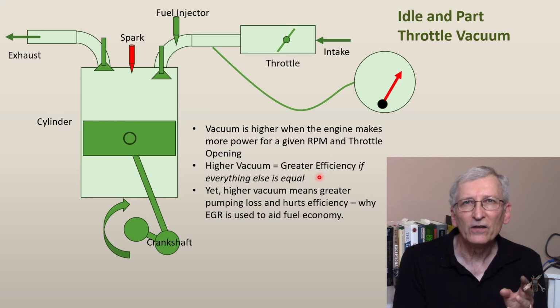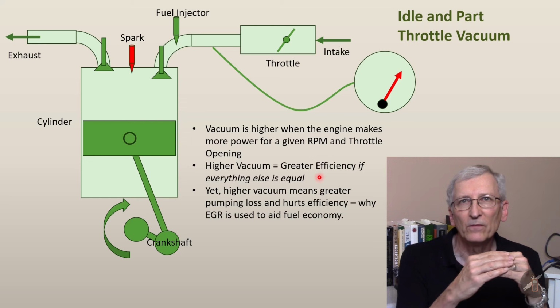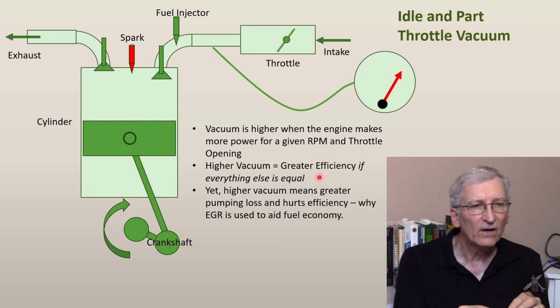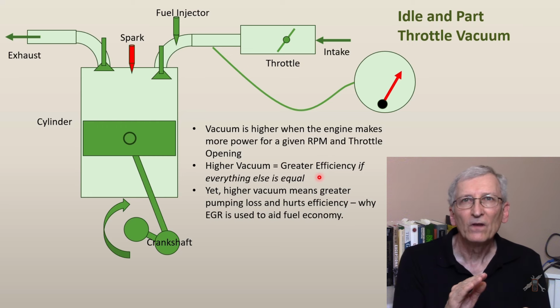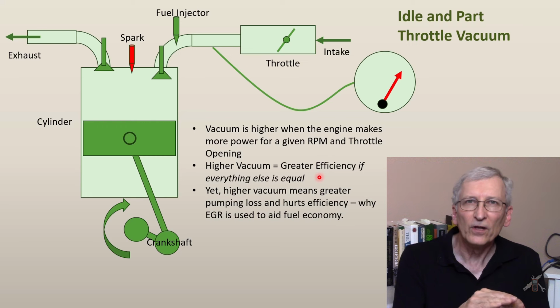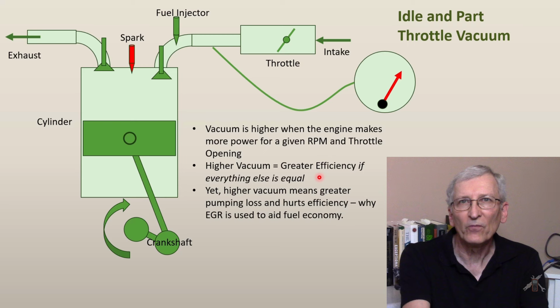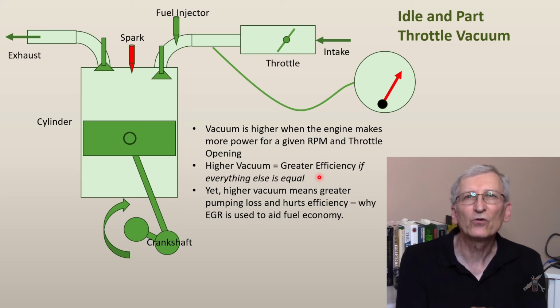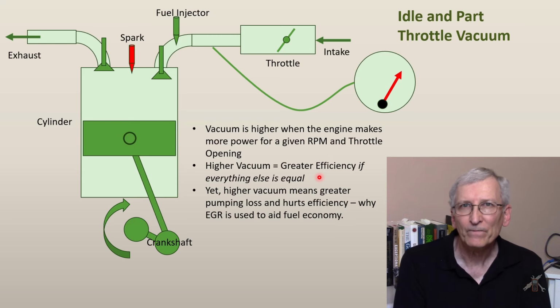That's why in modern engines with EGR, or with a lot of cam overlap and variable cam timing, you can deliberately reduce the engine vacuum in the intake manifold by making the engine appear to run less efficient.